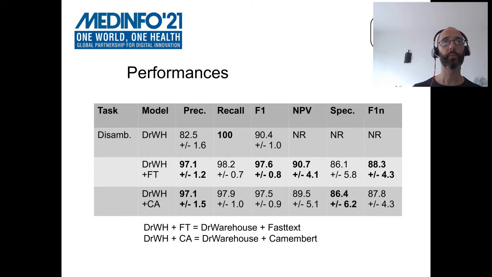As for the performance of our model, what you see here is a comparison of Dr. Warehouse classic version, Dr. Warehouse plus fastText embeddings, and Dr. Warehouse plus CamemBERT embeddings, with a deep learning model on top in both of the last cases. The first thing to note is that Dr. Warehouse Classic does not do disambiguation, so we compare our two algorithms to an algorithm that takes every mention to be a phenotype.